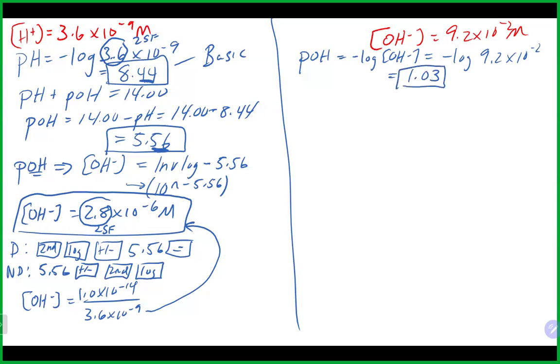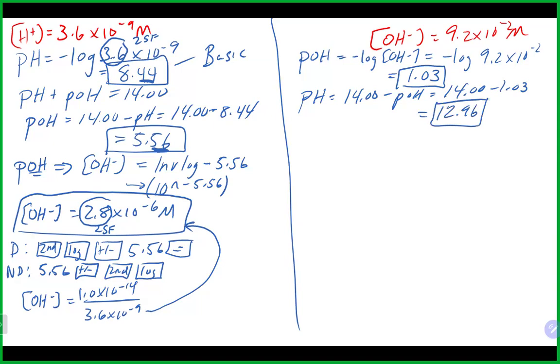At this point, I could still get that H plus concentration, but just as easily I could also get the pH, because all I have to do is track 14 here. So my pH will equal 14 minus the pOH, which gives me 14 minus 1.03. That's going to give me 12.96 on the pH.